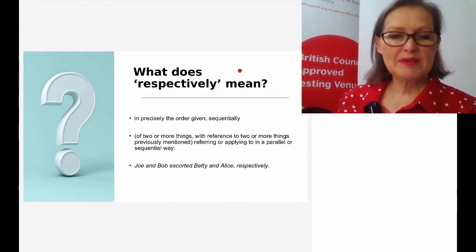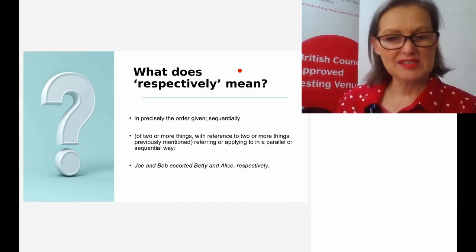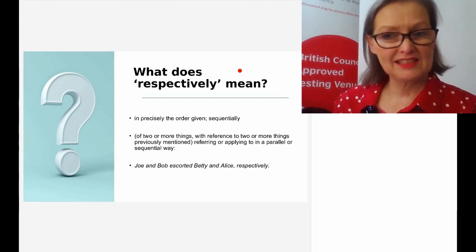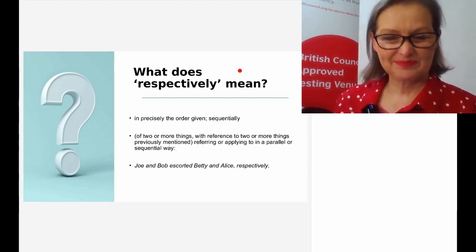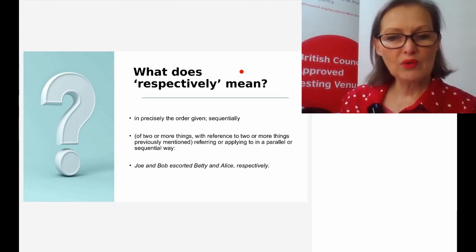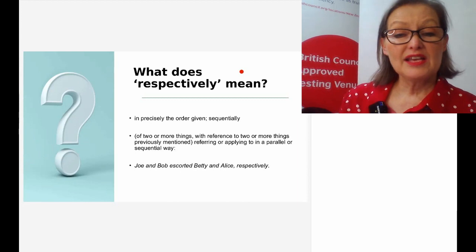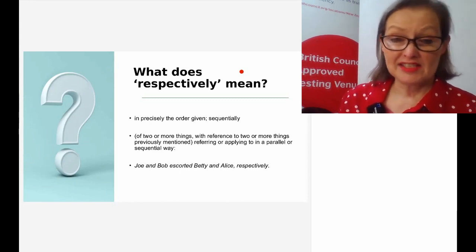Respectively, we can use respectively when we're talking about precisely the order given. So sequence, firstly, secondly, thirdly. And we use respectively when we're talking about two or more things, when we refer to two or more things in the sentence.